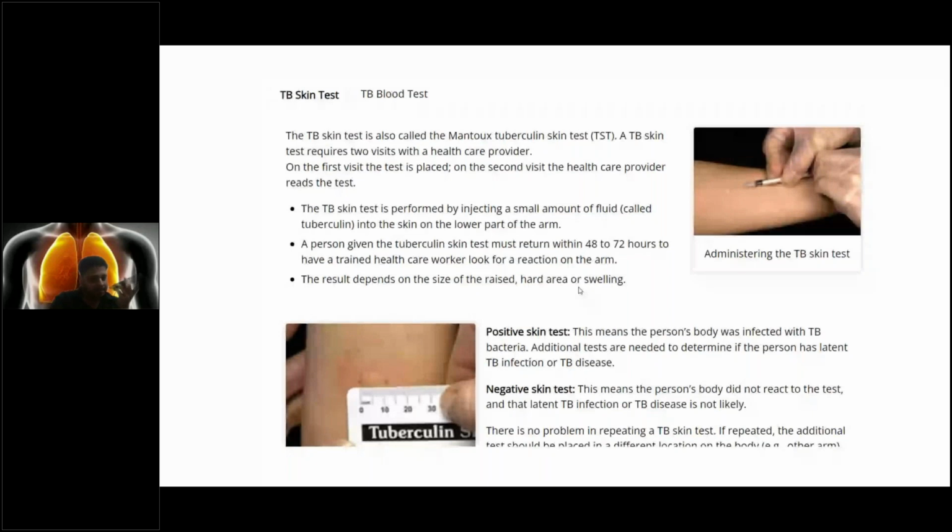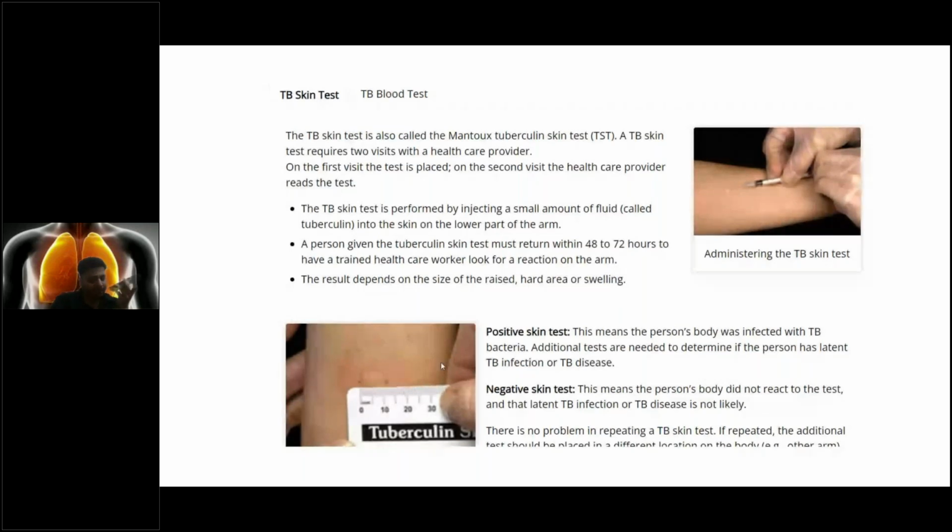Then we observe it for 48 to 72 hours, and then we measure it on a scale.